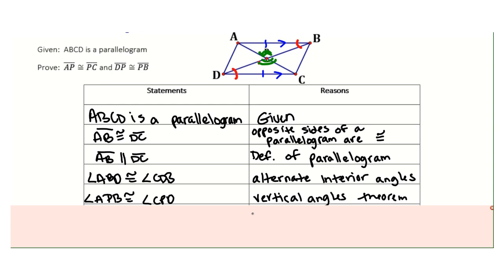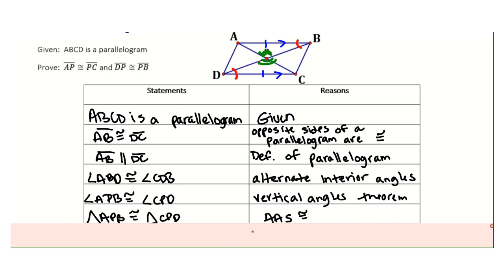So here I have an angle, and a side. An angle, and a side. So I've just proven that triangle APB is congruent to triangle CPD by angle, side congruence.